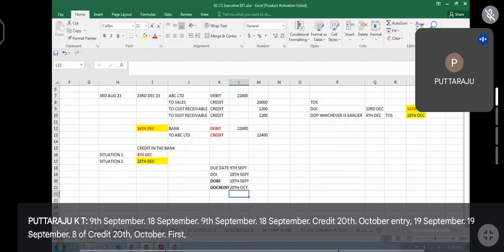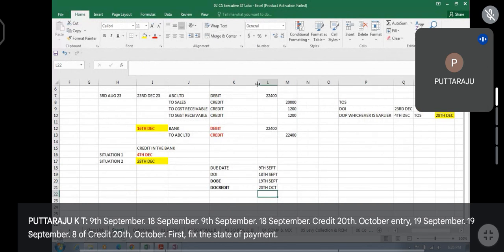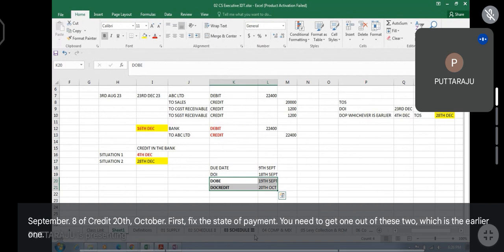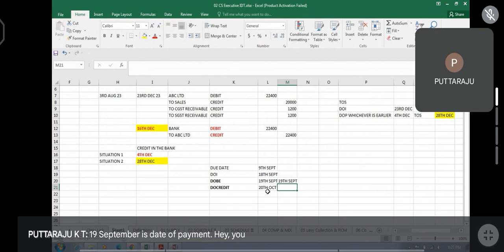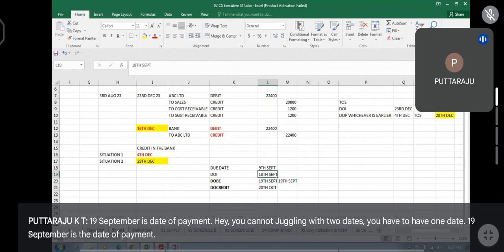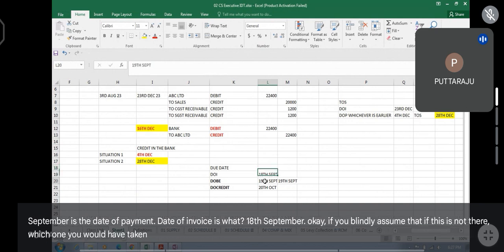First, fix the date of payment. You need to get one out of these two, which is the earlier one: 19th September is the date of payment. You cannot juggle with two dates; you have to have one date. Date of invoice is 18th September. If you blindly assumed, you would have taken 18th September as the time of supply.